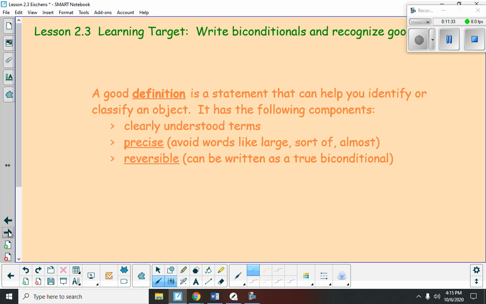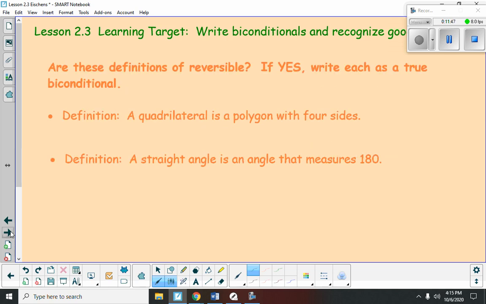Also, a good definition is reversible. In other words, it can be written as a true biconditional, which means it's true either way if you reverse it. So let's look at some examples here. Are these definitions reversible? And if yes, write each as a true biconditional.